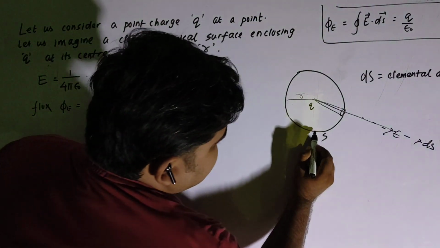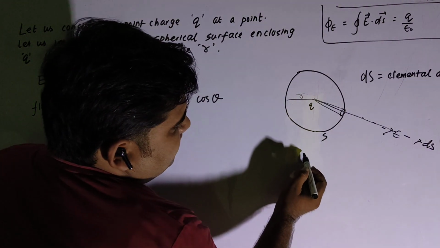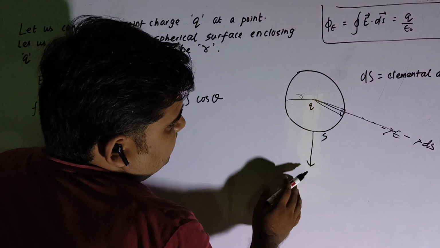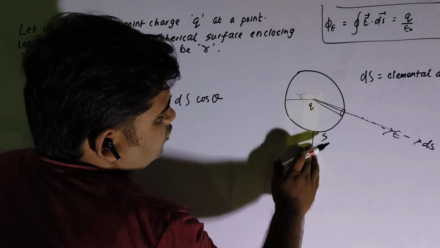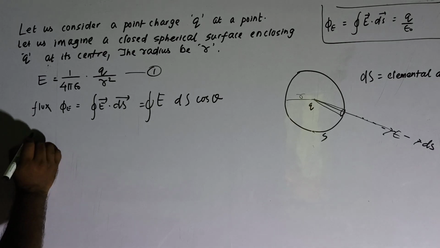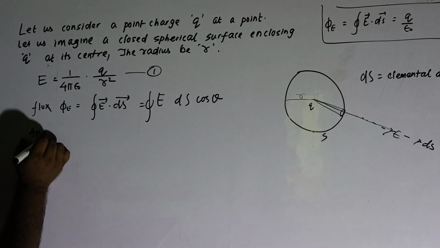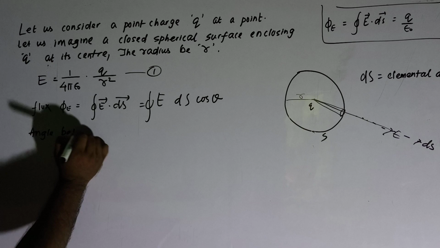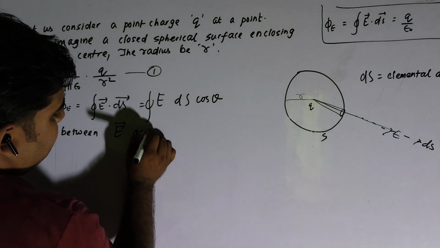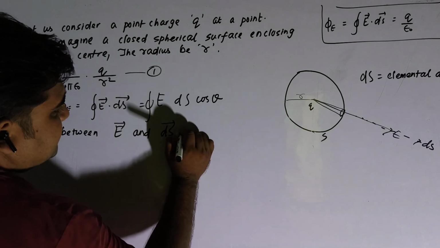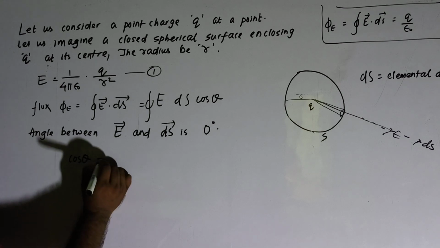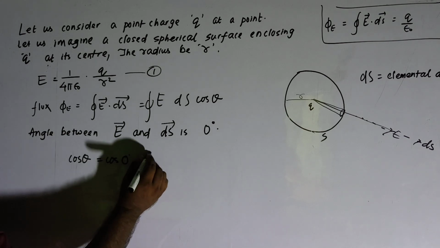So if ds is considered here, what should be the direction of that surface area at this point? It is also radially outward. From that observation we can see that the angle between E and the elemental area ds is 0 degrees, which means cos theta is equal to cos 0, which is 1.